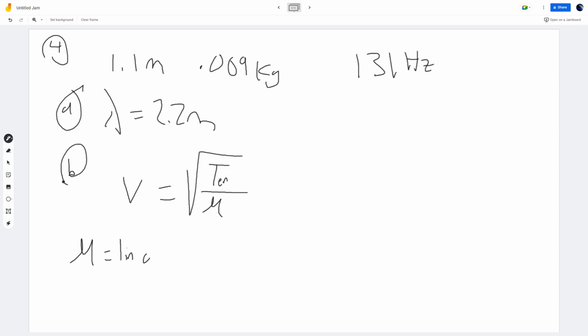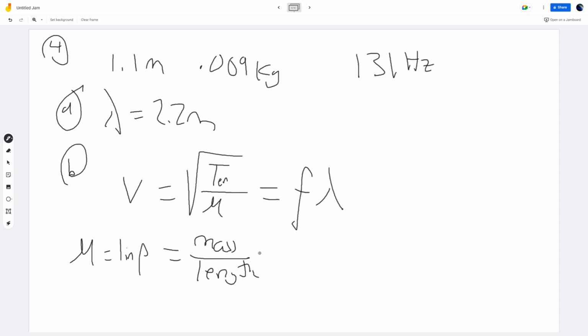Linear density is equal to mass over length of the string in this case. And this is also equal to velocity, frequency times wavelength. So if we're solving for the tension, all we have to do is input values now.